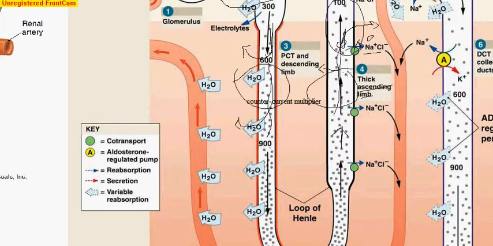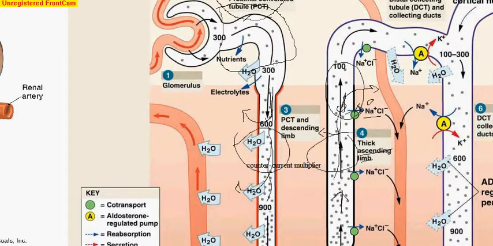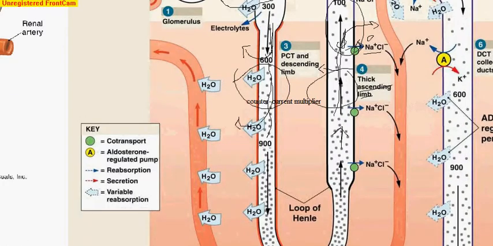So it will lose its sodium chloride. But then again, the concentration over here will cause this water to be concentrated as it reaches here. So it's this very fancy kind of thing happening over here, which is termed the countercurrent multiplier.